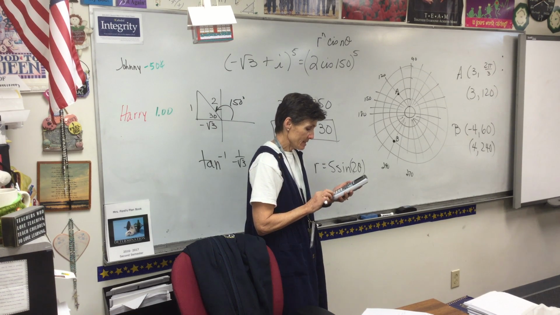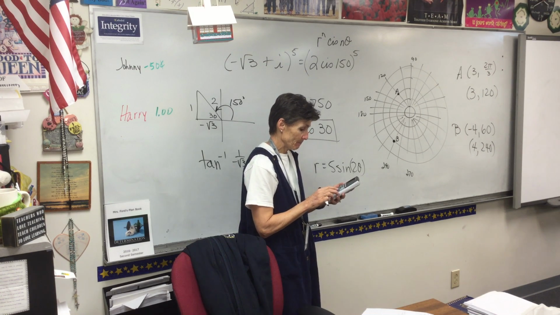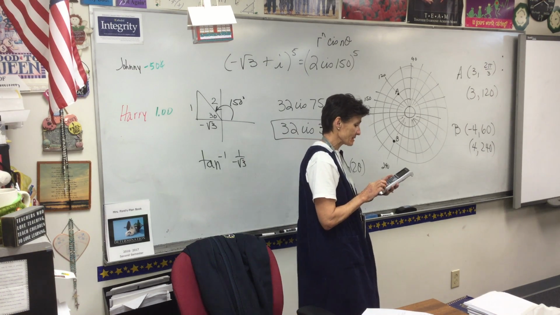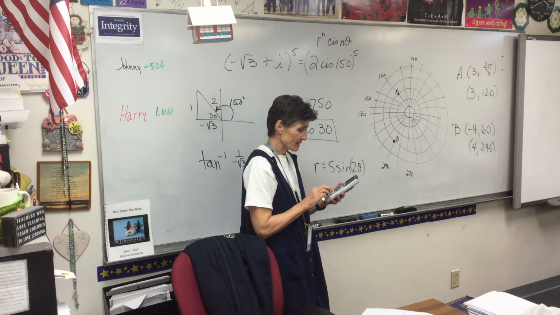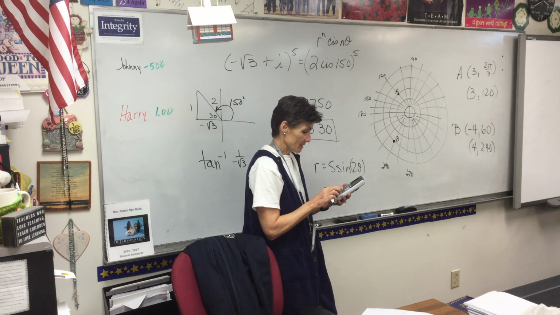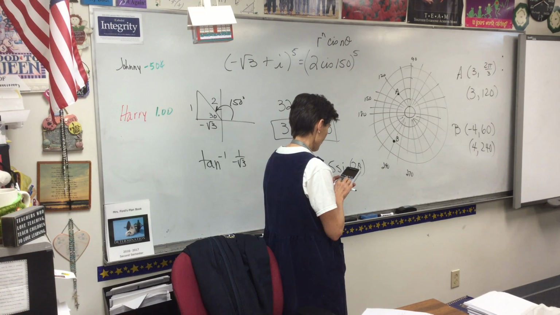X min, I better be safe, negative 8. X max, 8. Y min, negative 8. Y max, 8. Let's put in the equation and make sure we got a nice, beautiful picture.